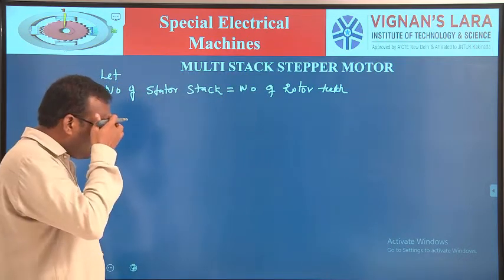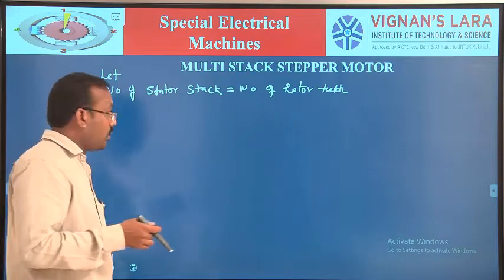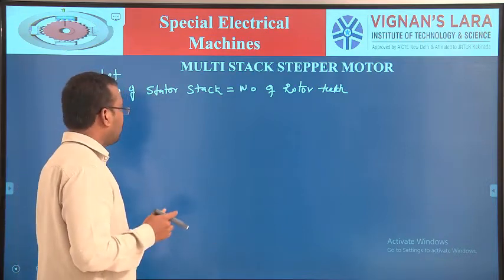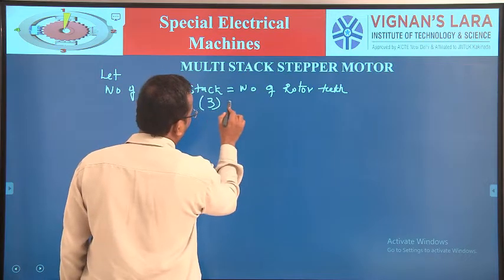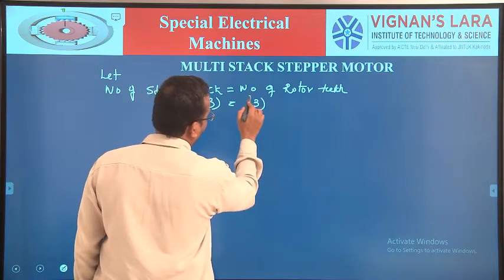We have three stator stacks, so we have three rotor teeth.